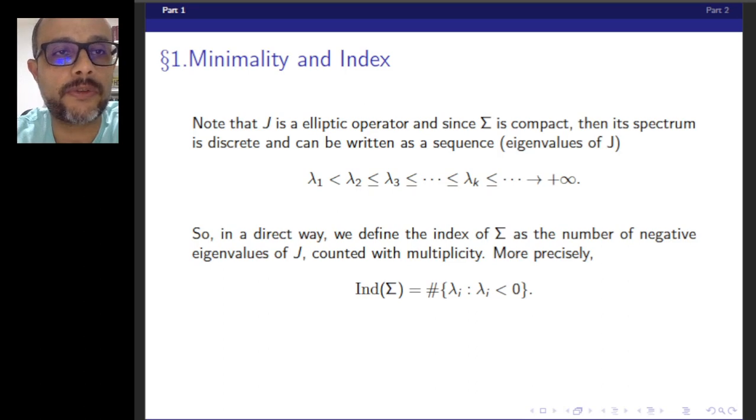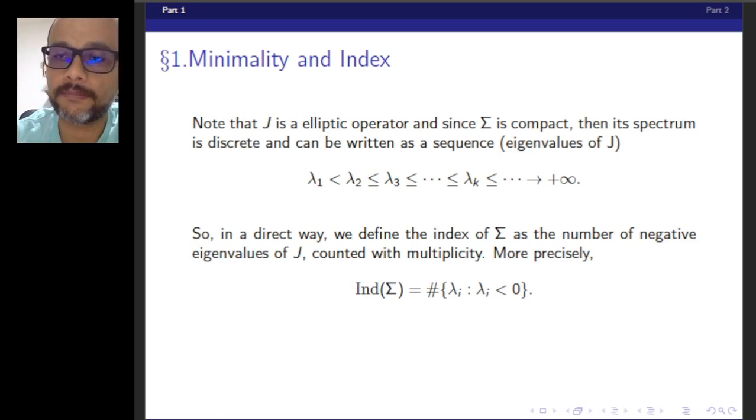Such directions are associated to the negative eigenvalues of the operator J. And if you count the number of such negative eigenvalues, we have a quantity which we call the Morse index of the hypersurface sigma.